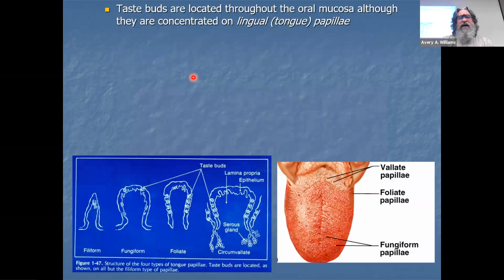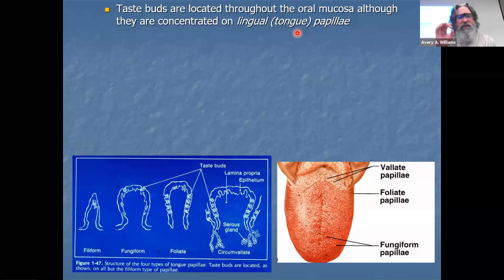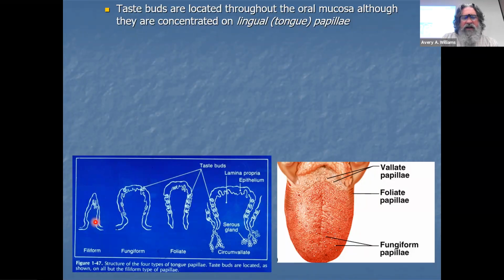Now, where do you find taste buds? Well, taste buds are located throughout the oral mucosa, although they are concentrated on lingual papillae, or sometimes it's called tongue papillae. Remember, a papilla in anatomy is anything that's kind of a raised structure. I guess it's raised like a nipple, so a nipple-like structure.